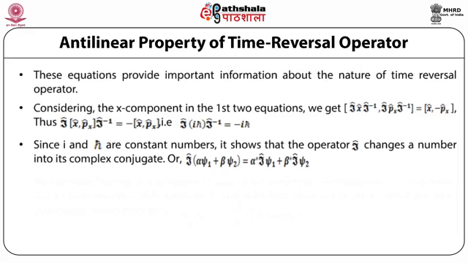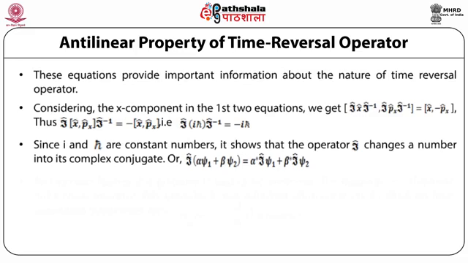And using these two relations, one can thus say that the time reversal operator acting on i h cross times the time reversal operator inverse is minus i h cross, where i is the imaginary number, square root of minus 1, and h cross is h upon 2 pi, where h is the Planck's constant.